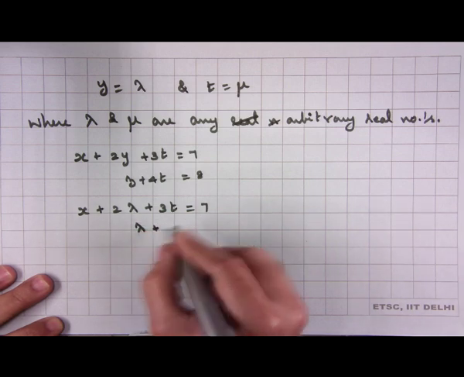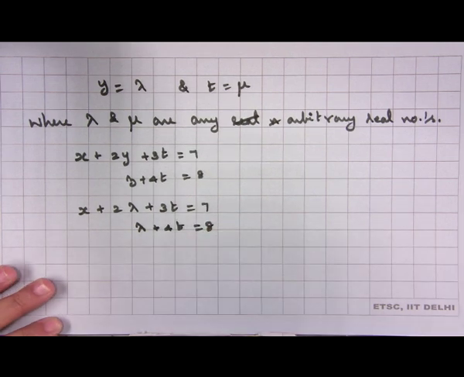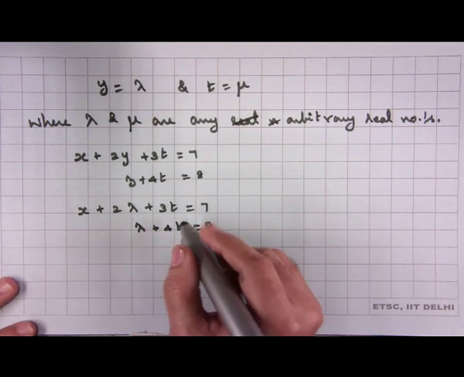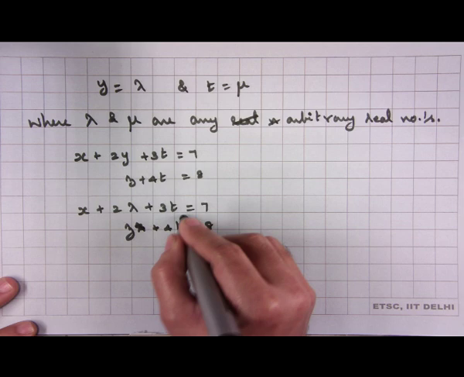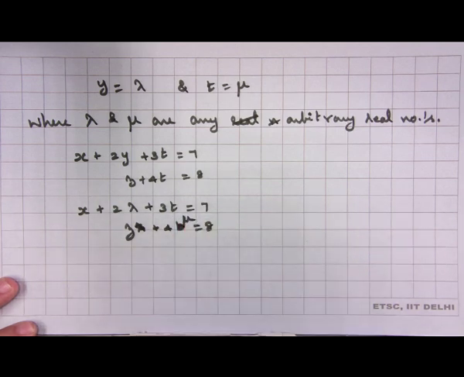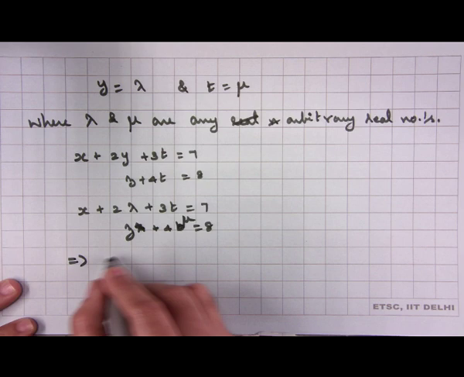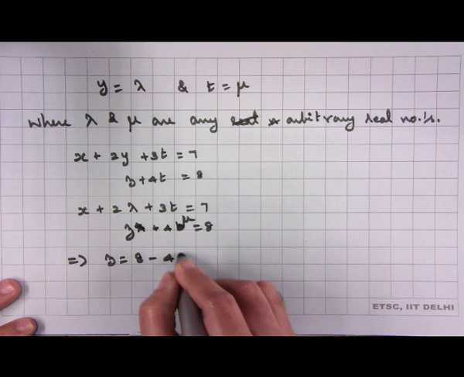Sorry, it should be the other way: z plus 4 mu is 8. So the second one implies that z is 8 minus 4 mu.